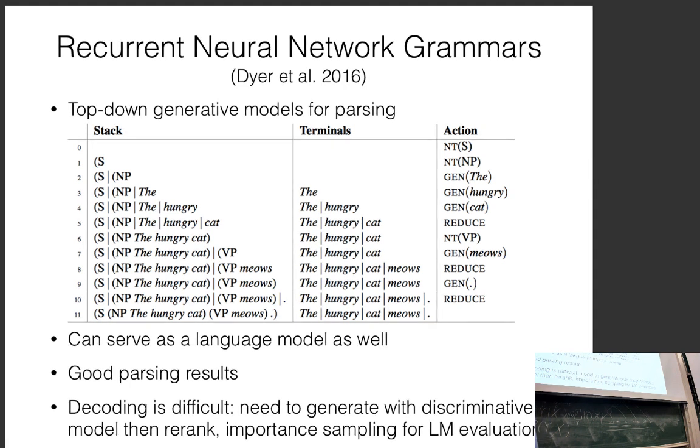One problem with this, though, is decoding is difficult. The reason why is basically at the very beginning, we have no information whatsoever about the sentence. Because like any language model that generates a sentence, you need to generate it in some order, like left to right.